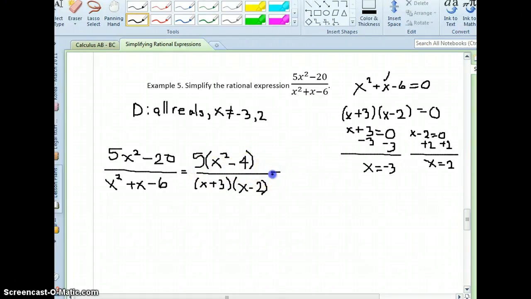So that factors into, rewrite my 5, x plus 2 times x minus 2. And then just carry the denominator over. x plus 3 times x minus 2.